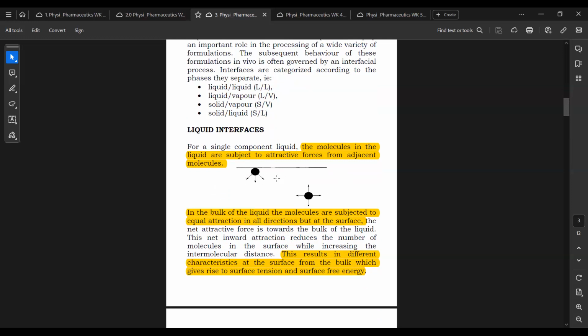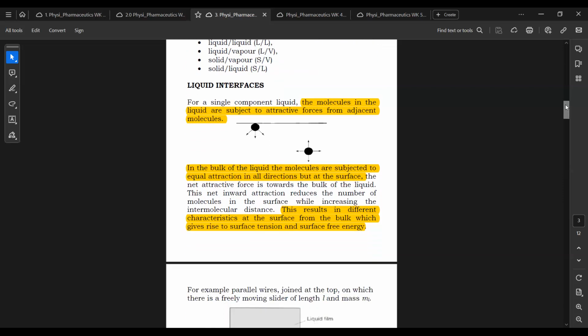So at the surface, the attractive force is towards the bulk of the liquid, and this gives rise to surface tension.